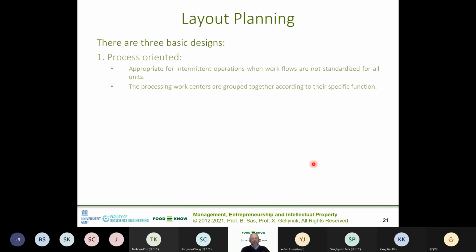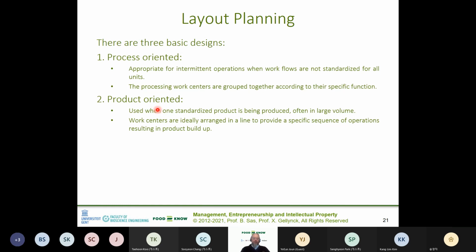Then regarding design for a layout, you have process-oriented. So you have different goods coming in, you have different equipment to do certain processes. Product oriented, so it's focusing mainly on the production in an efficient way, as quick as possible, of a specific product.